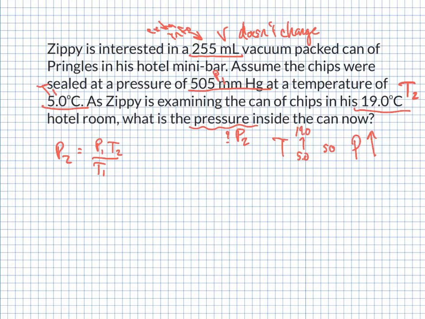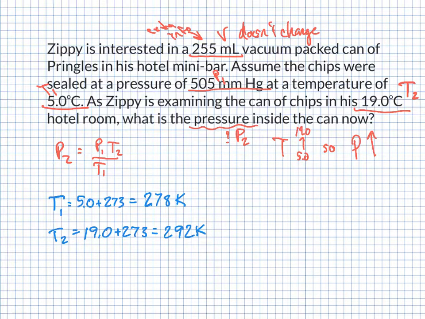The first step is to take care of those temperatures. T1 is equal to 5.0 plus 273, and that would be 278 Kelvin. And again, I'm dropping off the 0.0 because my sig fig rule goes to the least number of decimals. T2 is 19.0 plus 273, and that's going to be 292 Kelvin.